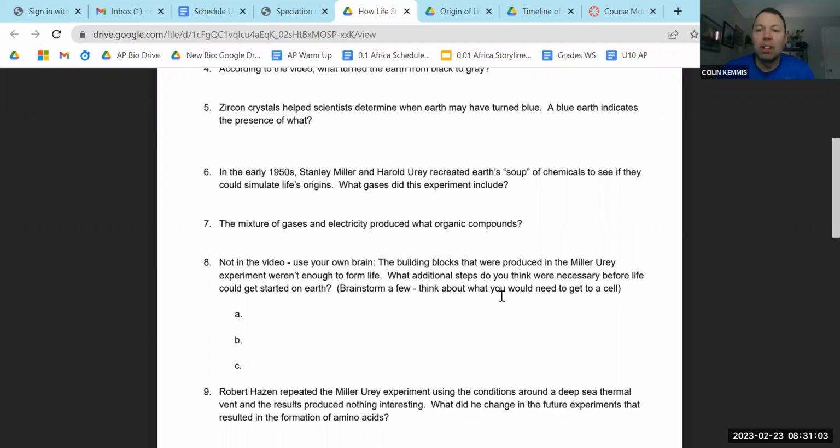Now, a key understanding here is that we can replicate the conditions for life to occur, but we can't actually have life start from nothing in the lab. We're trying. We think we can do it. We've been trying for hundreds of years, even back to Frankenstein.